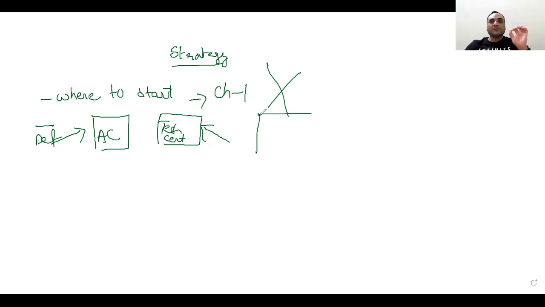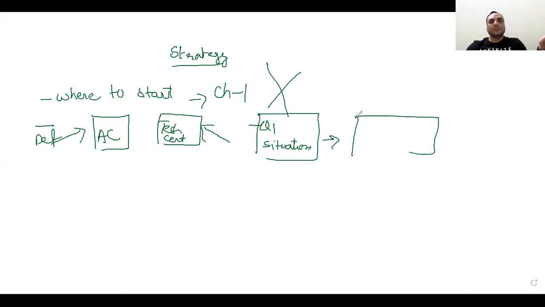When the exam comes, when question 1 appears with a situation, your brain blows up. I did not study this. From where did this question come? Okay, let's say maybe the next question is good. Question 2, another complex situation. Now it's blowing up.